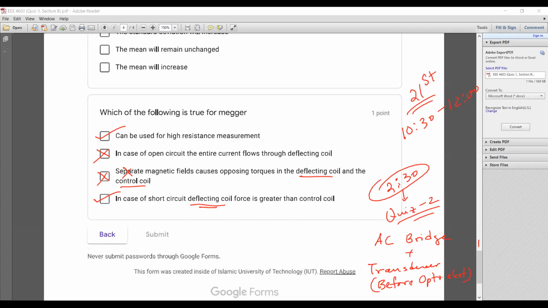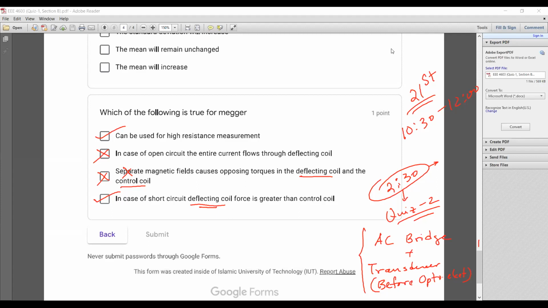So that would be your syllabus for quiz 2, and it will be taking place on the same day of the midterm exam from 2:30. So you can keep that in mind.